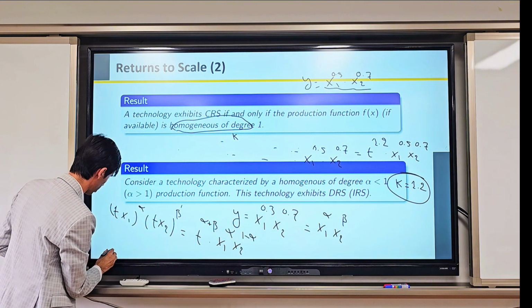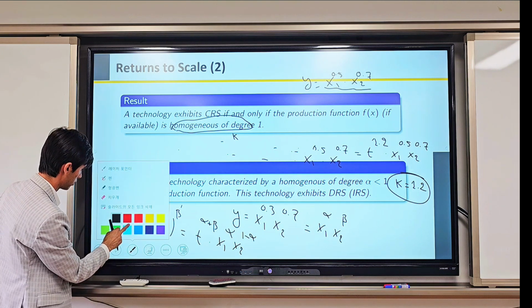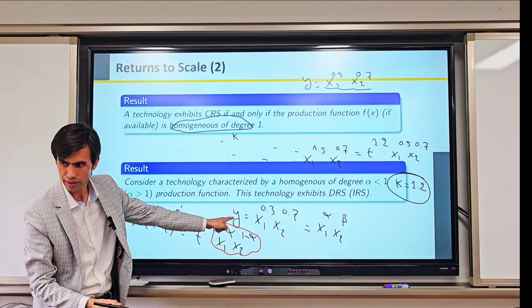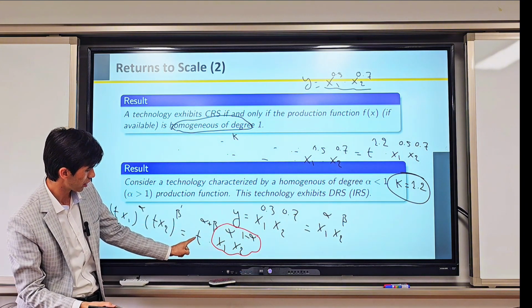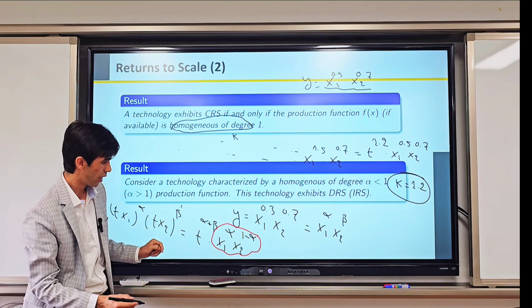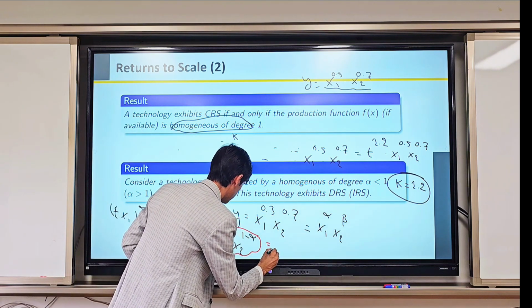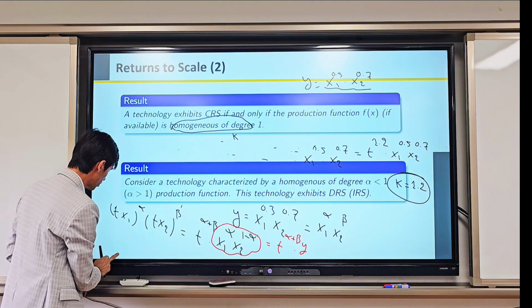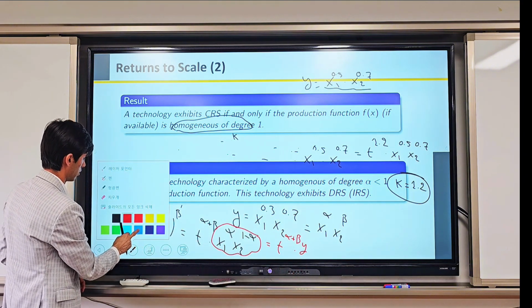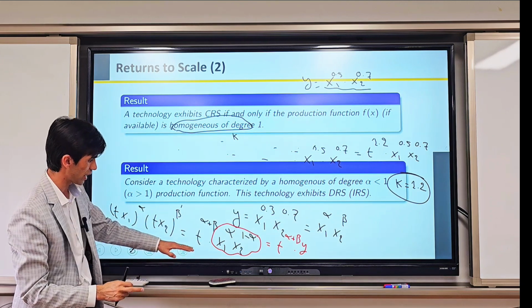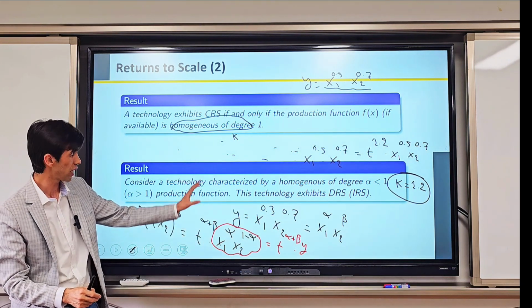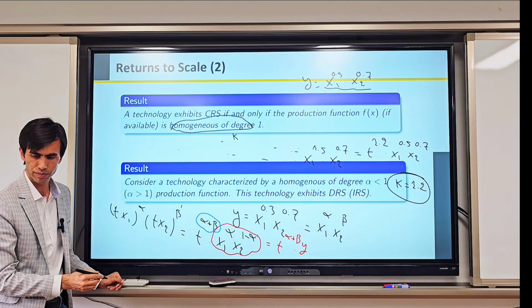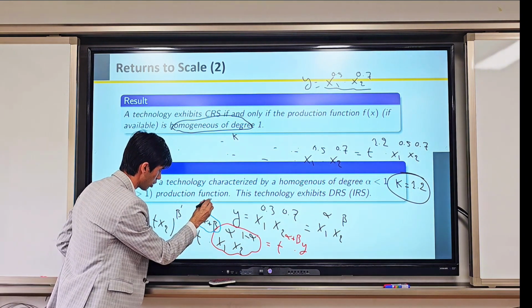And we know that this part is exactly equal to our y. But here we also have t to the power of alpha plus beta. So we can write t to the power of alpha plus beta multiplied by y. Now in order to conclude what kind of return to scale this Cobb-Douglas production function shows, alpha plus beta is very important, because alpha plus beta shows the homogeneous of degree.